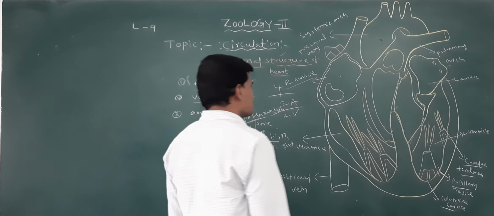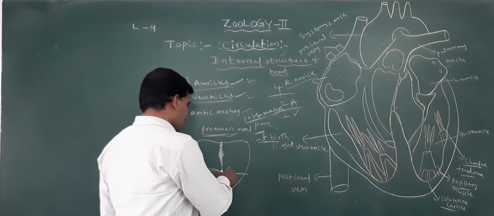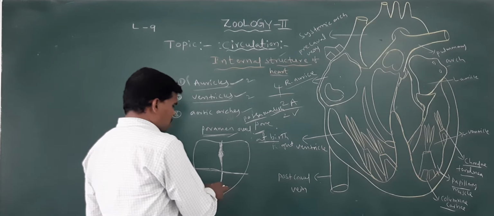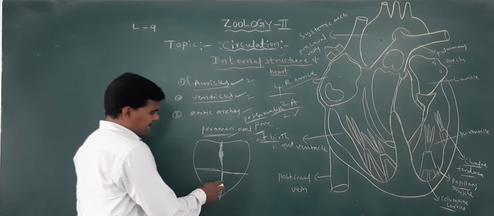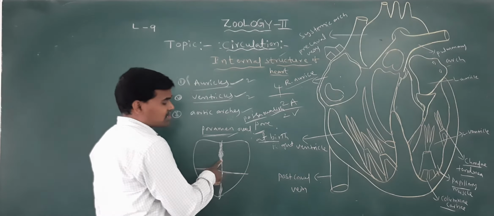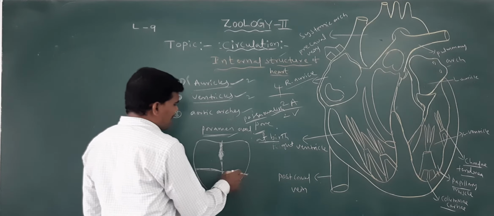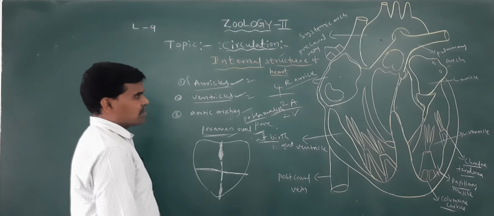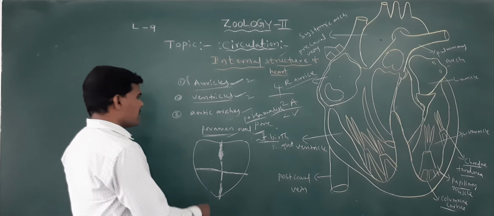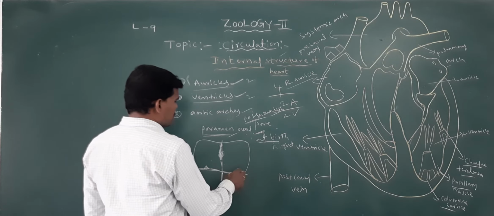The two ventricles are separated by the interventricular septum, the two auricles are separated by the interauricular septum, and the auricles and ventricles are separated by the auriculoventricular septum.